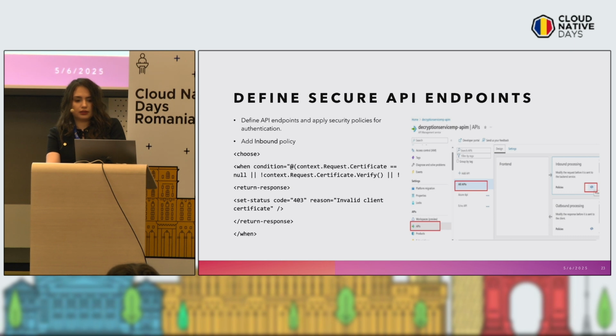The next screenshot shows how the inbound processing policy was set up in order to have authentication using a certificate. And this could have also been implemented in the code, but APIM provides this setup to avoid custom implementation.